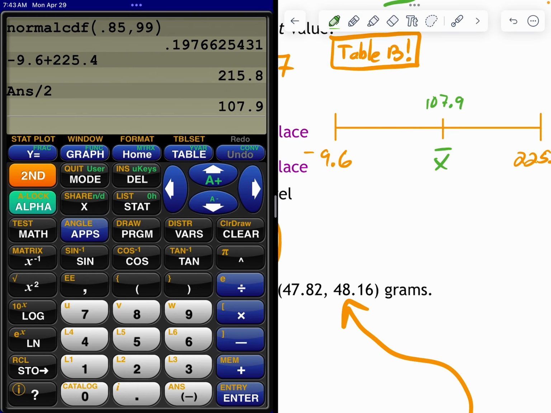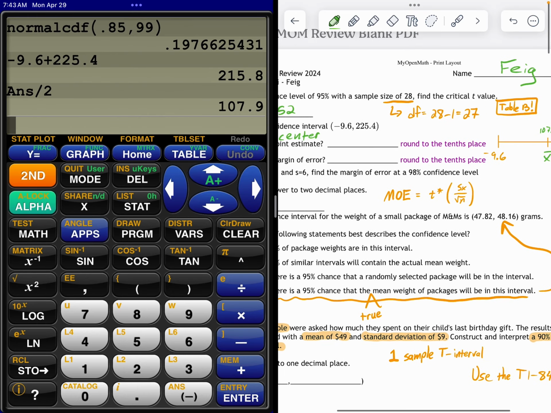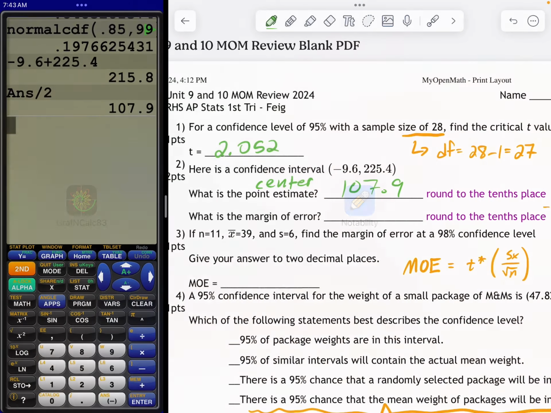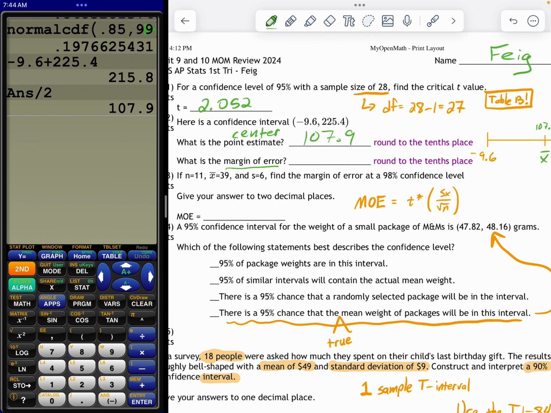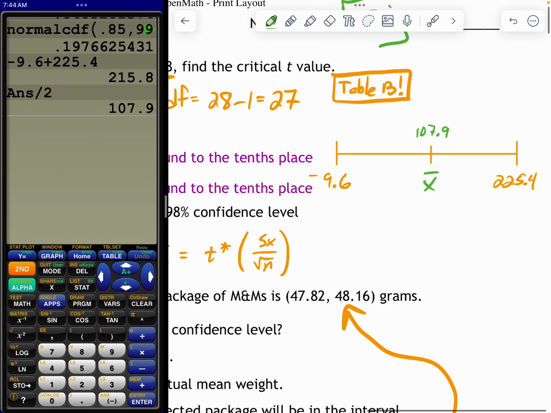And then the margin of error is next. The margin of error is simply how far we go up and down from the middle. So I can just take my maximum value and subtract the center.